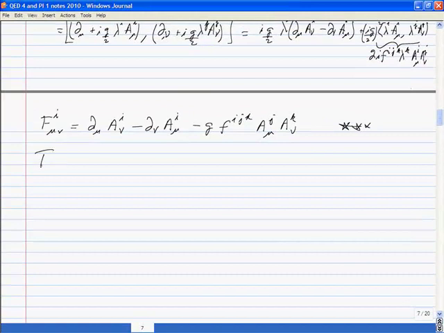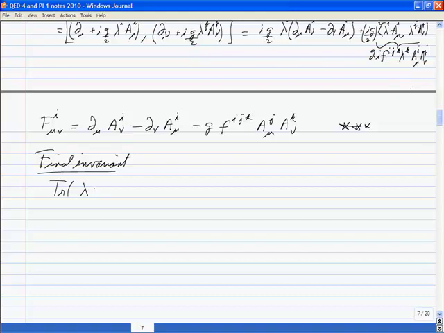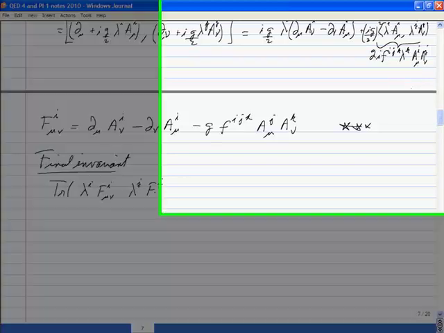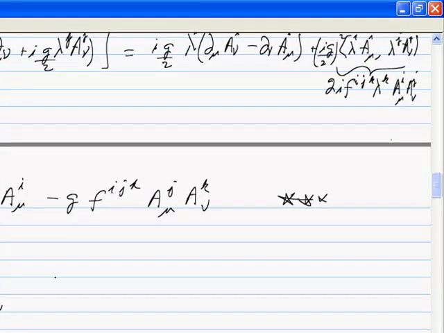And then the final invariant is if I take the trace of lambda i F i mu nu lambda j F j mu nu. Yeah, one should be upper to make it Lorentz invariant.